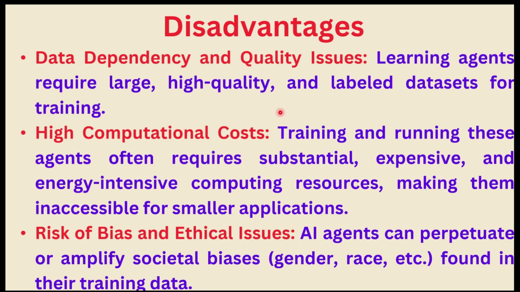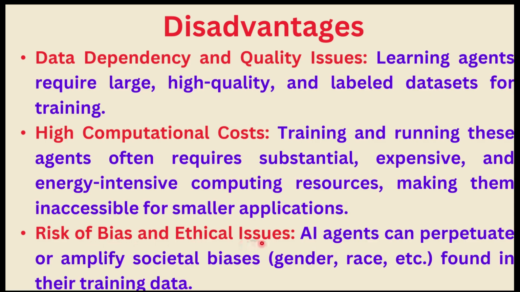We need labeled data sets which are of high quality and require a large amount of data, so the data dependency problem arises. This will be the drawback. Next, high computational cost. Training and running these agents requires substantial, expensive and energy-intensive computing resources. So highly expensive resources are used in learning agents.